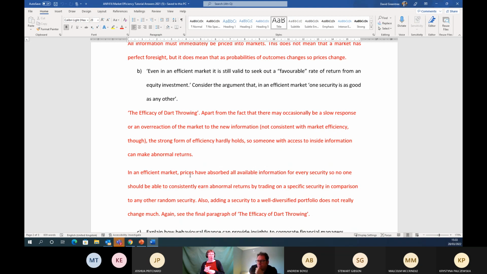But in an efficient market, prices should have absorbed all of the available information for every asset on that market. So every company listed on the FTSE 100 should have all publicly and privately known information priced into it. And therefore, nobody should be able to consistently earn returns that are above the normal market returns.